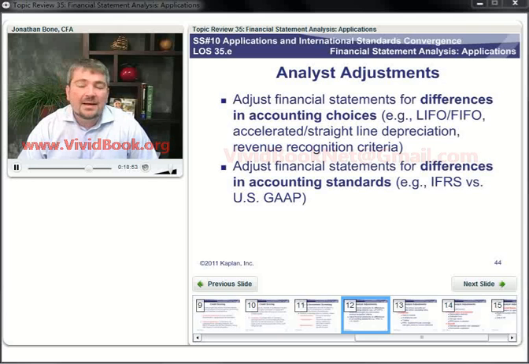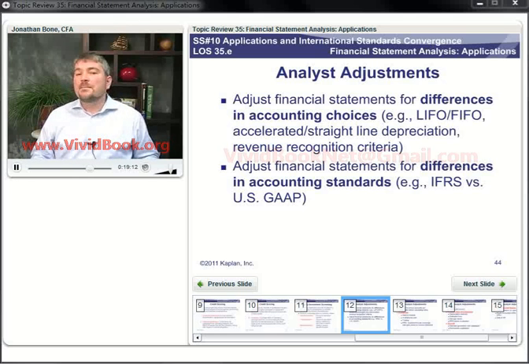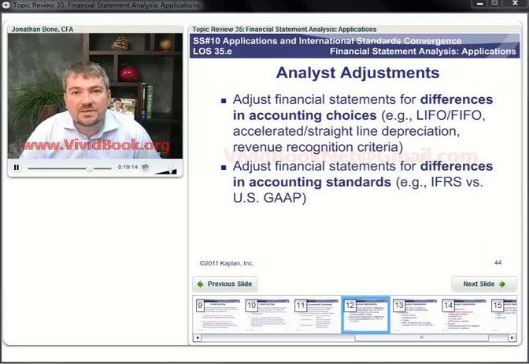So again, maybe we want to adjust the company that's used LIFO to FIFO before calculating ratios. Again, one company might have used accelerated depreciation, one company might have used straight line. So again, maybe you want to adjust the company that's used straight line depreciation to accelerated before you calculate ratios. Again, revenue recognition. Maybe one's used percentage of completion, one's used completed contract.